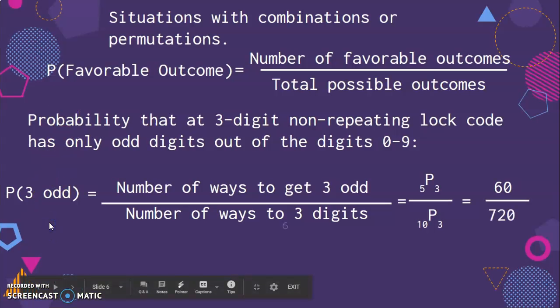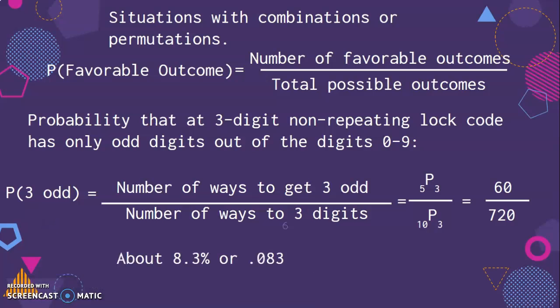So my probability is 60 divided by 720, which is about 8%. So the probability that a 3-digit non-repeating lock code has only odd digits, there's no even digits whatever in the 3, that is about 8% likely.